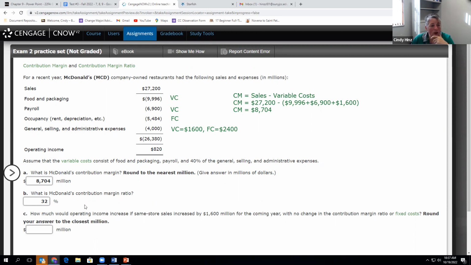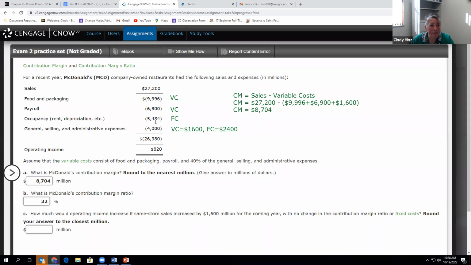Okay, so how do we want to think about this? Contribution margin ratio is what percent of each dollar in sales the company has left after covering the variable costs. So of this 1,600,000,000, because I don't want to say 1,600 million, that doesn't sound right to me, we've already covered all of the fixed costs.